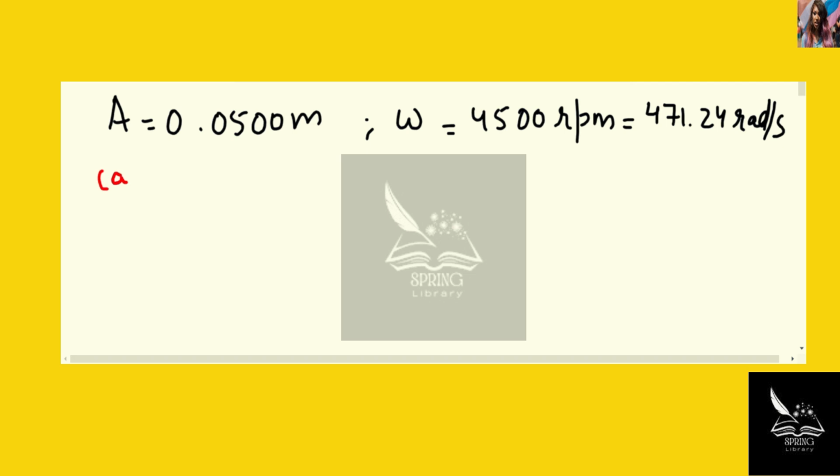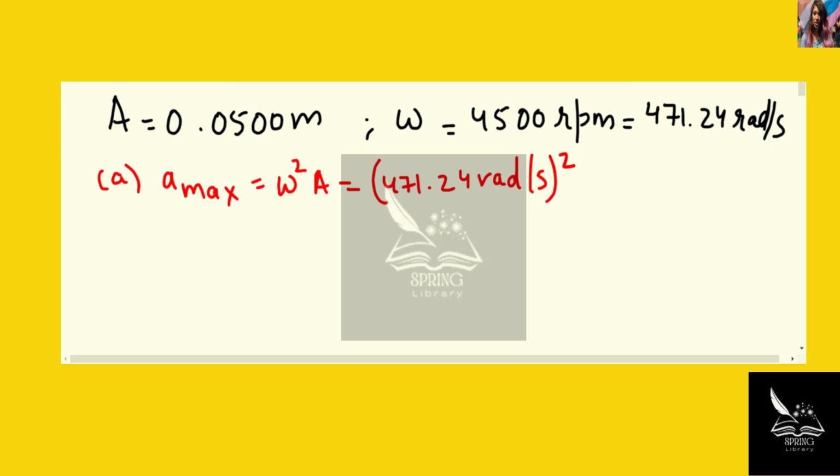In the first part, we have to find out the maximum acceleration. We write it as a max, that is omega square a. We have already solved it above. So that is equal to 471.24 rad per second the whole square into 0.0500 meter.